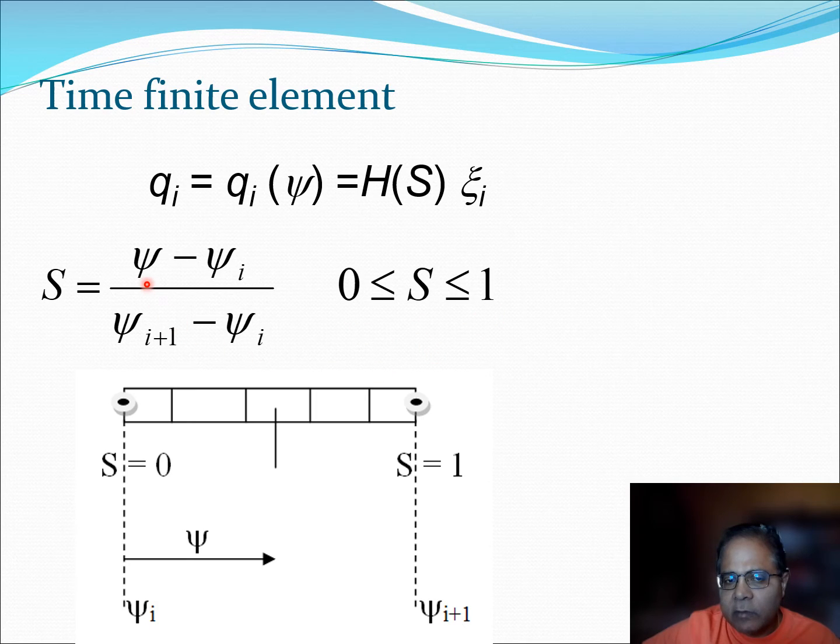So when psi is equal to psi I plus 1, this is going to be 1, and when psi is psi I, this is going to be 0. So these are the two ends of the FE here, and time is varying within this particular segment. That's a major step, that we can express q as a function of time here and then bring out these nodal coordinates.